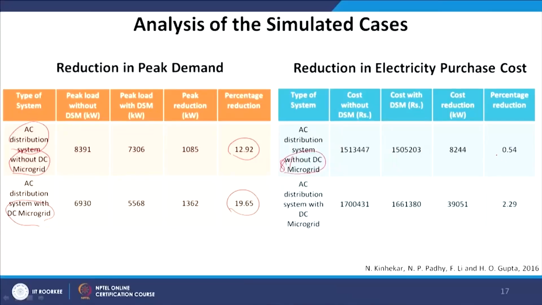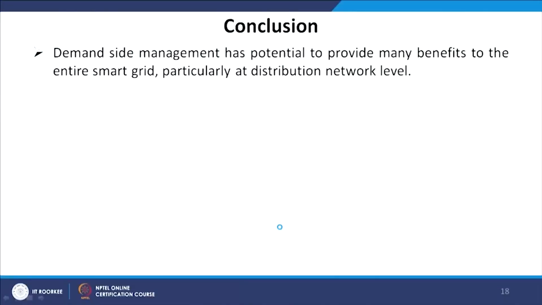Now, even the purchase cost, the energy cost, when you do not have the DC microgrid, the cost reduction for the utility, so for the consumers, is going to be 0.5%, whereas it is 2.3% when you have a DC microgrid in place. With this, let us conclude: demand side management has the potential to provide many benefits to the entire smart grid, particularly at distribution network level.